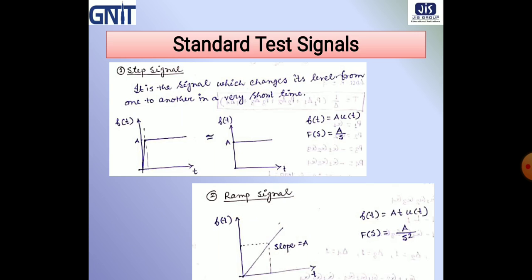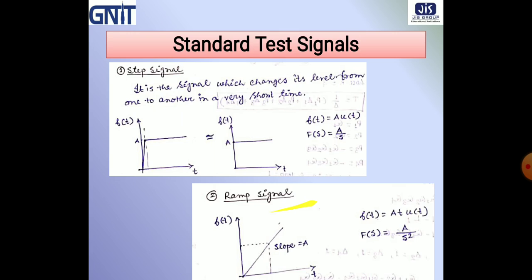Now just go back to our previous topic, the step signal. Our step signal is f(t) = A u(t) in the time domain. If we apply the Laplace transform here, we go to the frequency domain, that is F(s) = A/s.